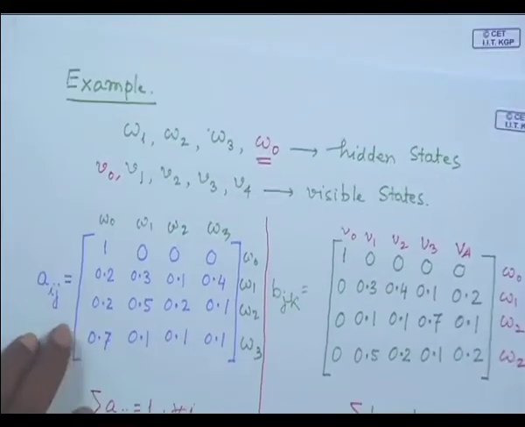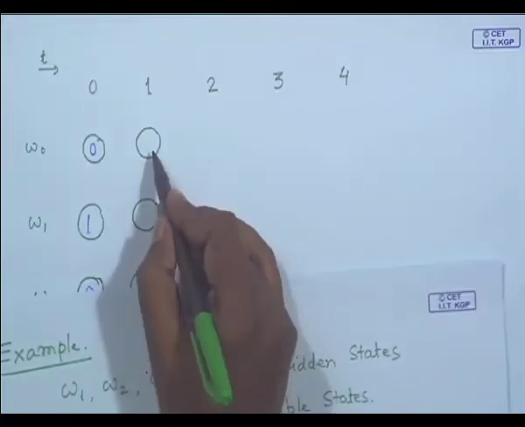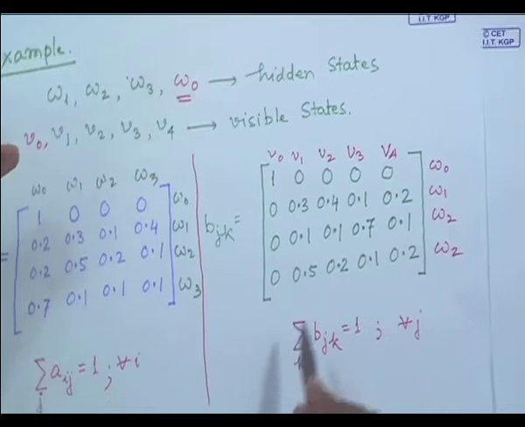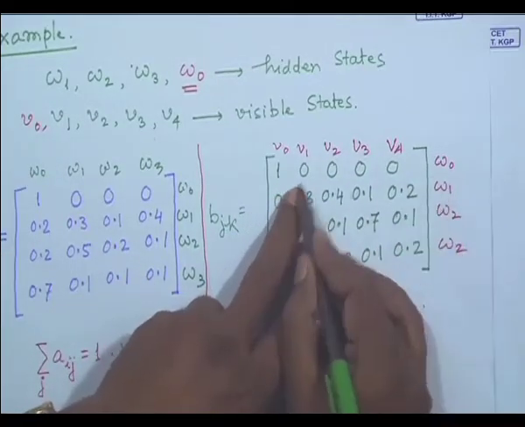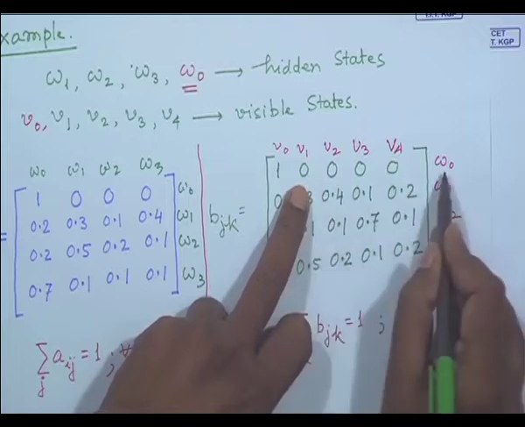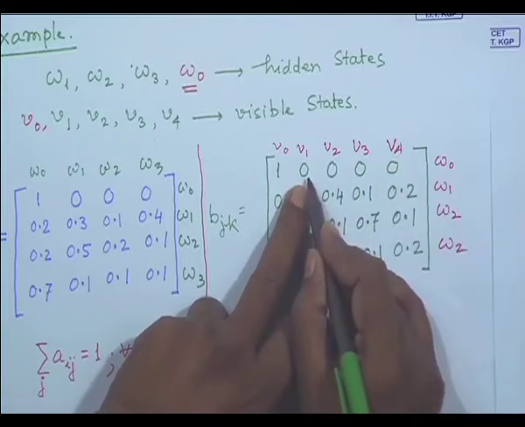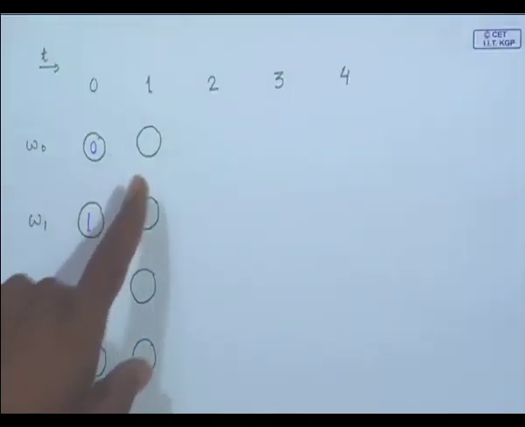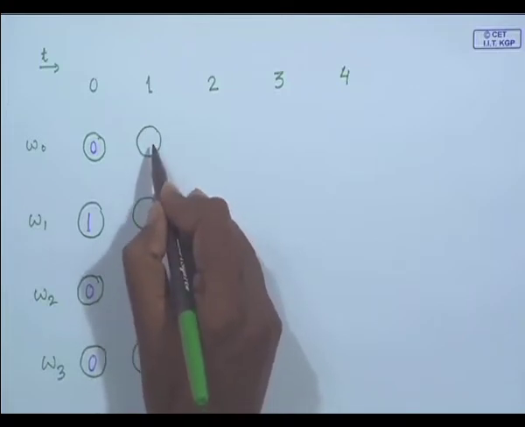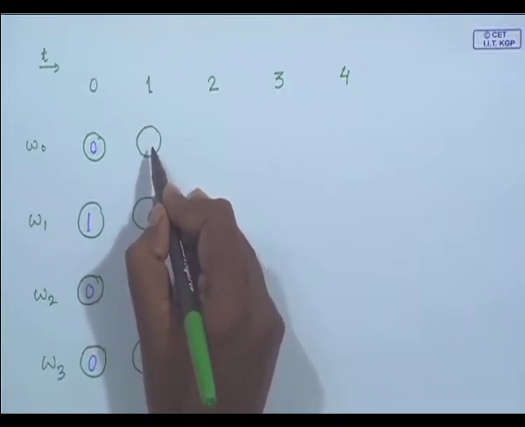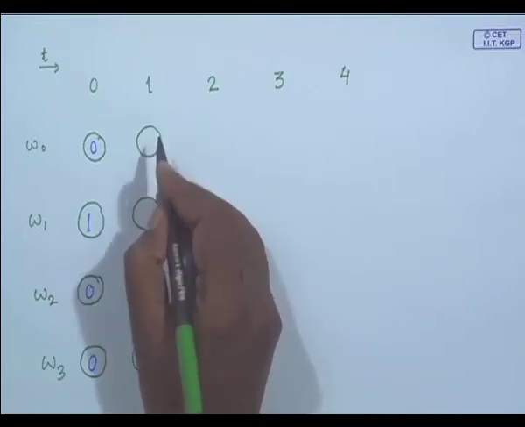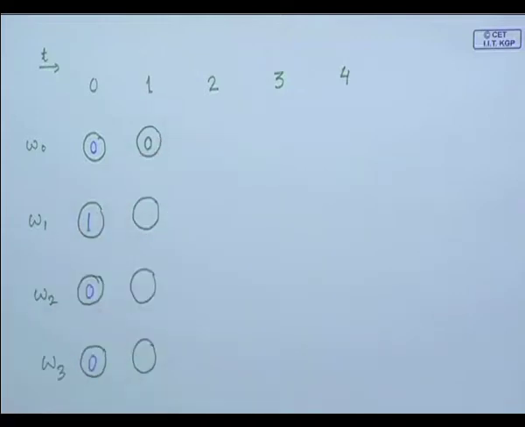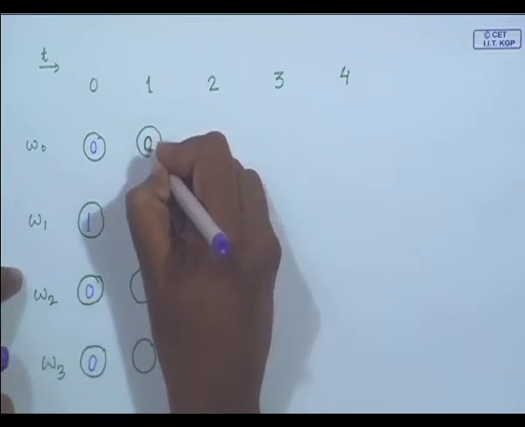And this is my hidden state 0, and the probability of emission of V 1 in state omega 0 is equal to 0. So, whatever path I choose, the probability of the existence of this state at time step t equal to 1 is equal to 0.